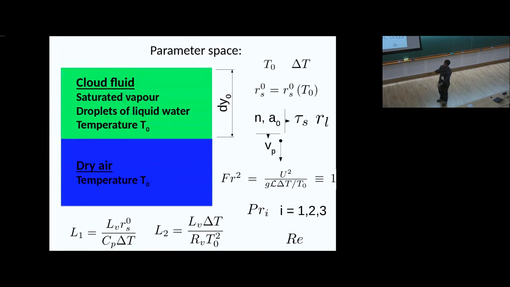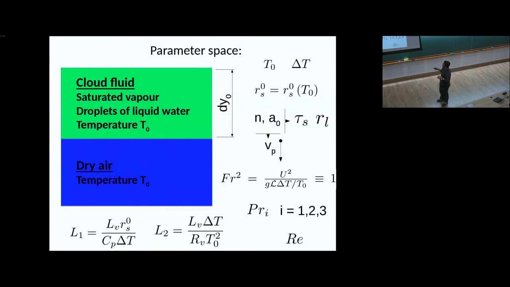Okay, so here's my problem in all its gory detail. The cloud fluid has saturated vapor and droplets, and we assume that they're both at the same temperature, which may or may not be the case, but just for an idealized case, we assume that they're both at the same temperature.